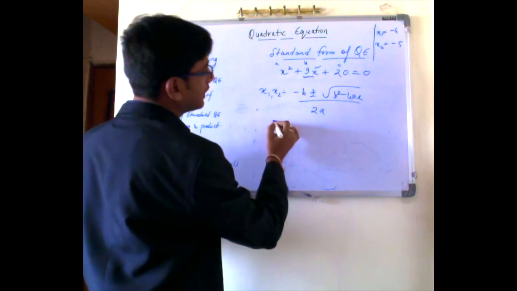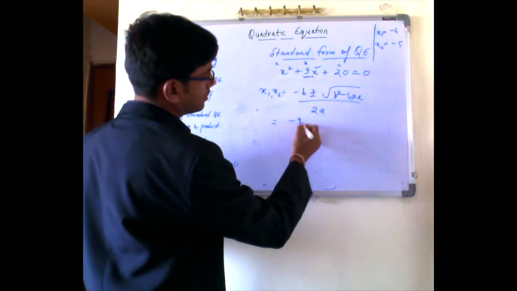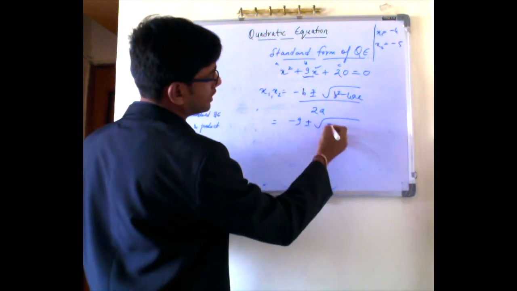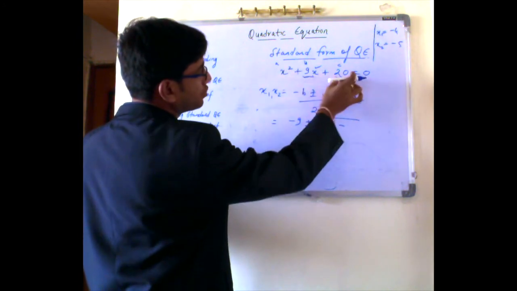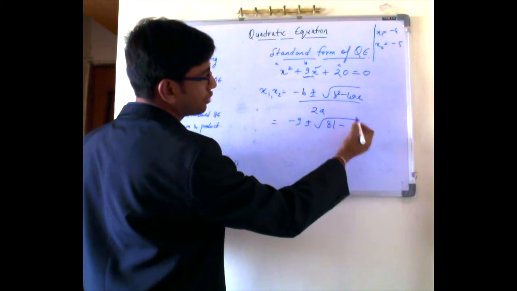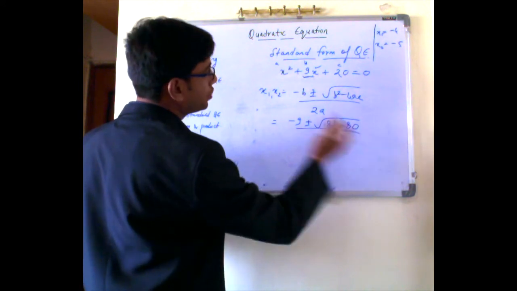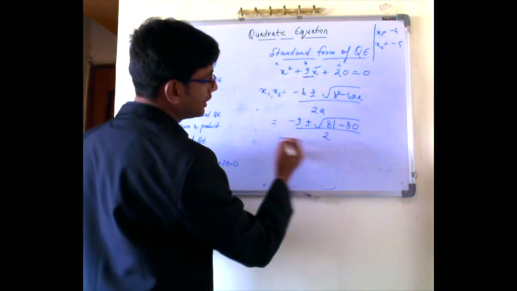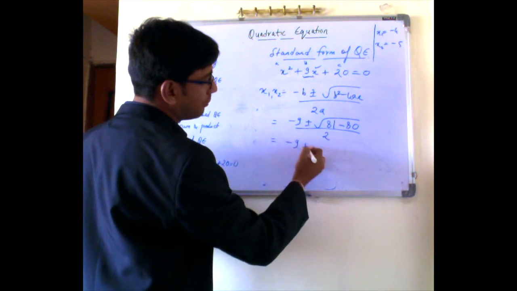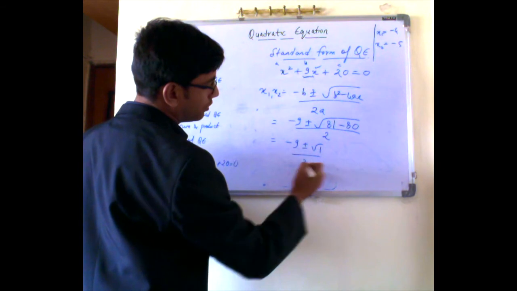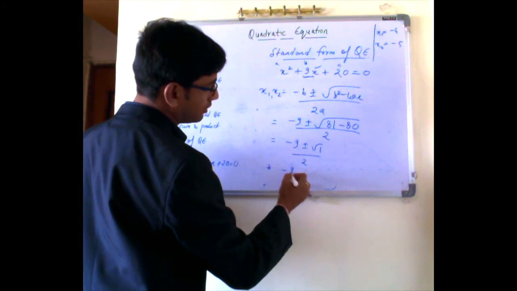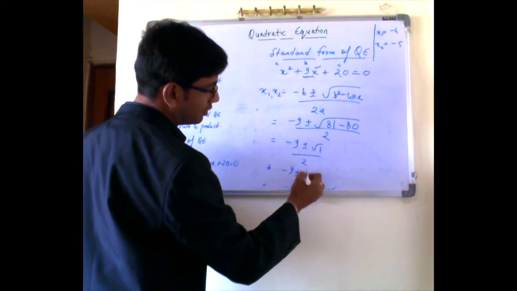I'll take my minus b as minus 9, so plus minus root of b square is 81 minus 4ac, 4 into a is 1 into c is 20, so 4 into 1 into 20 gives me 80, whole upon 2a, 2a is 2 into 1. That gives me minus 9 plus minus root of 81 minus 80, that gives me root of 1, whole upon 2, and root of 1 is 1.